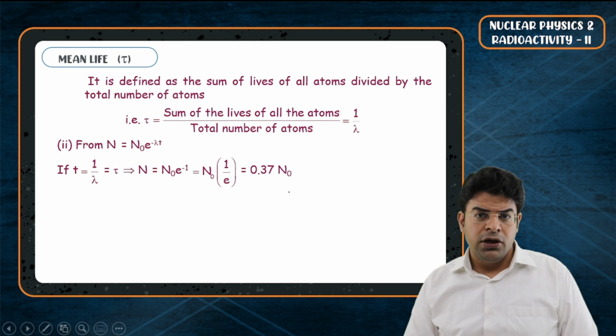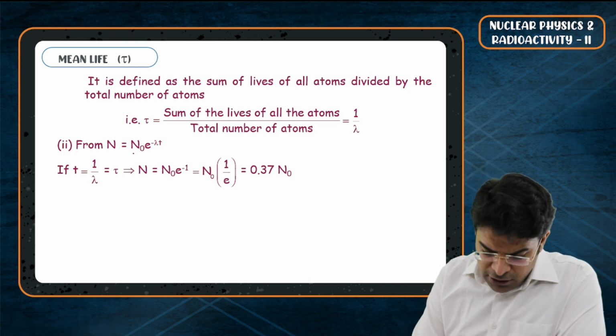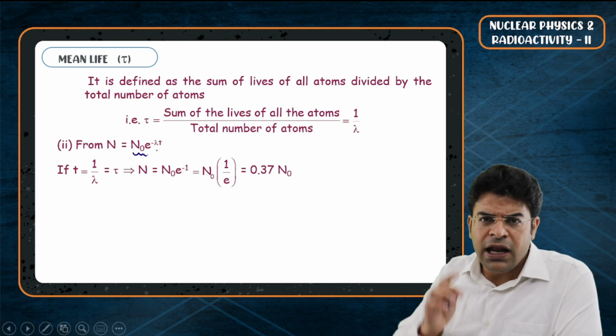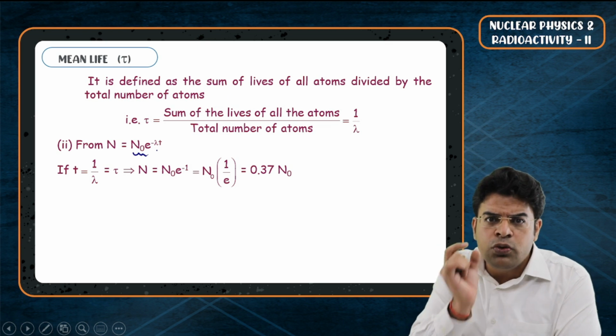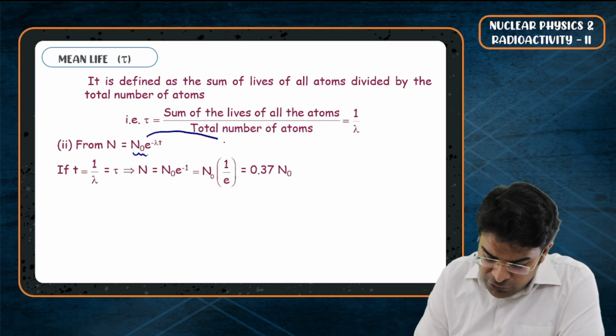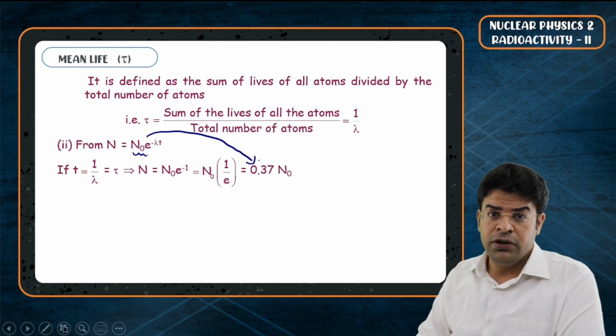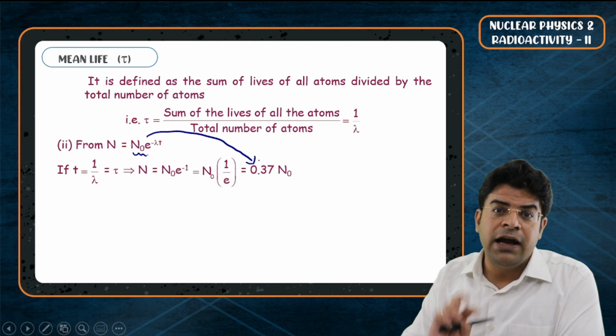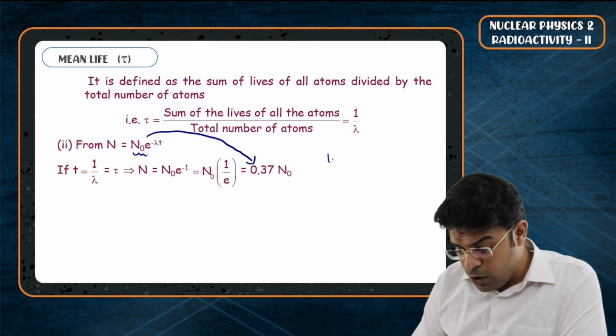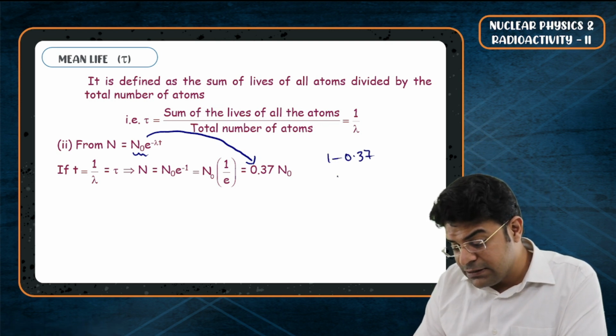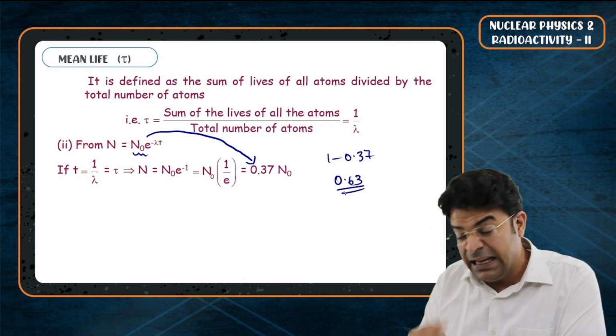So if you started with N naught number of active nuclei, and after a time span equal to 1 mean life, the number of active nuclei is 0.37 N naught, it means that out of the total, 0.37 survived and 1 minus 0.37, that is 0.63, decayed.